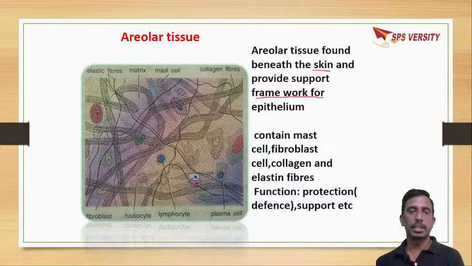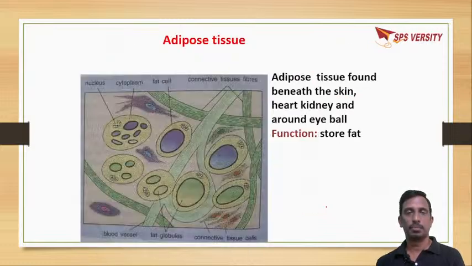In this matrix, there are mast cells, collagen fibers, elastic fibers, fibroblast, histiocyte. What is the function of this areolar tissue? It is protection and support. It is called packing tissue, which will pack the organs.